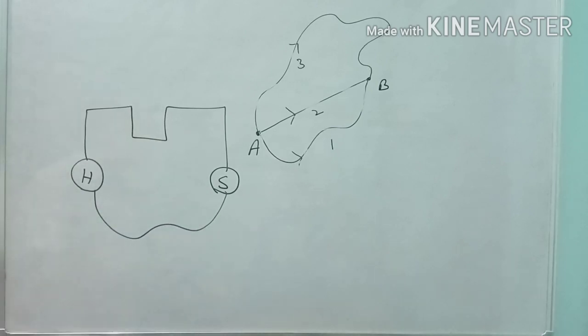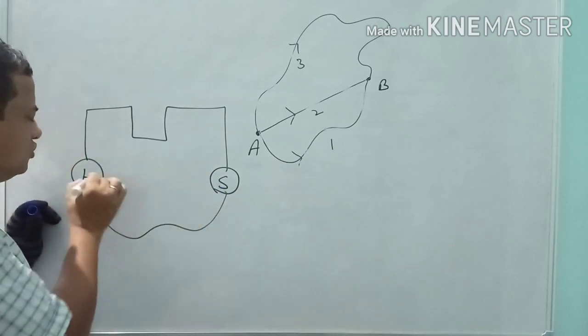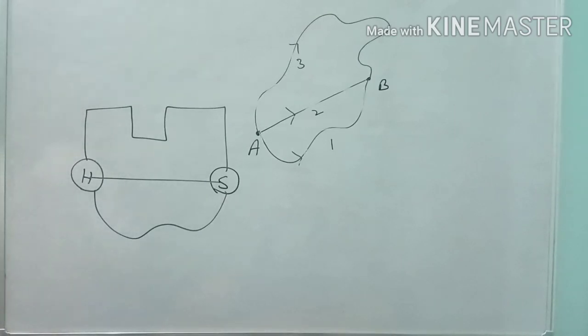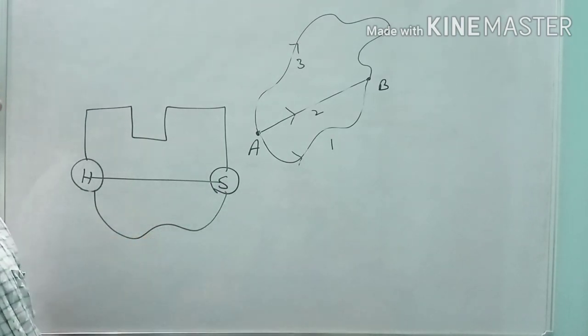That is distance. So what is the displacement? The shortest between initial and final. Shortest between home and school. How to obtain it? You just join by a straight line. That straight line gives you the displacement between this initial and final point.